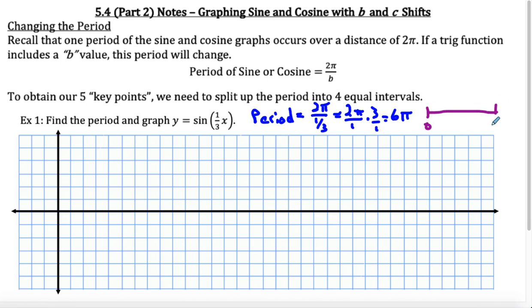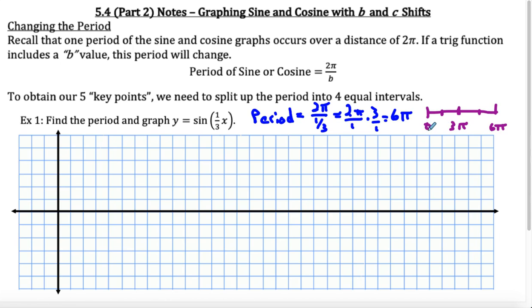Now, we want to think about splitting that interval up into 4 equal parts so that we have our 5 key points. The easiest way to do that is to just take the average of my starting and ending point. If I'm starting at 0, that's pretty easy to do. Halfway in between 0 and 6 pi would be 3 pi. Then we'll do the same thing for this interval: halfway in between 0 and 3 pi.